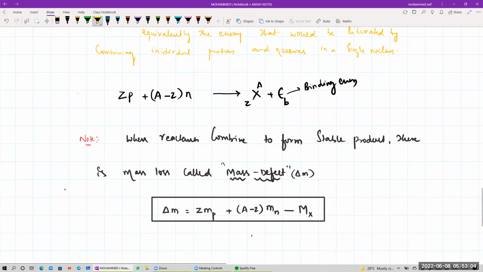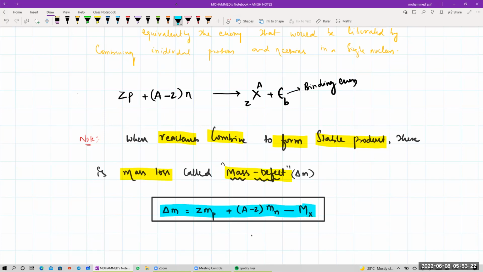So what is the mass defect? Whenever reactants combine to form a stable product, there is a mass loss. That mass loss is called mass defect. So the formula for the mass defect is delta M.